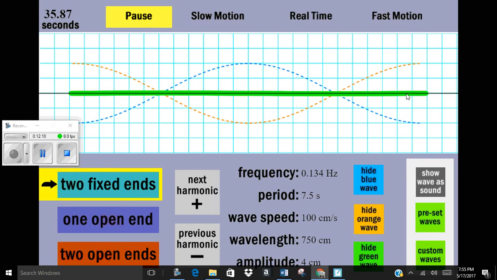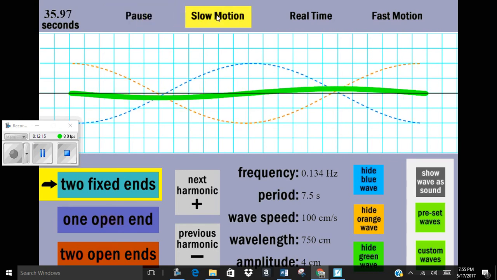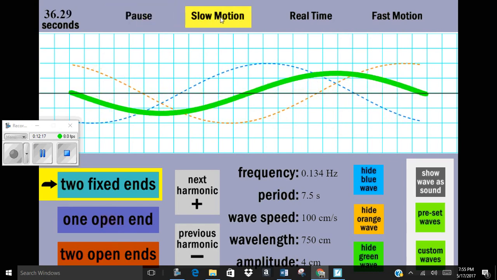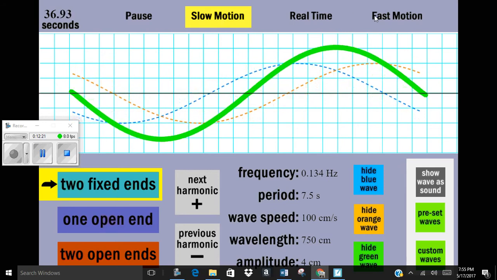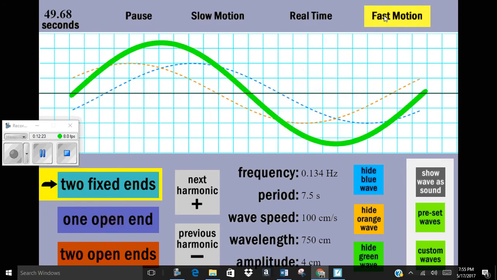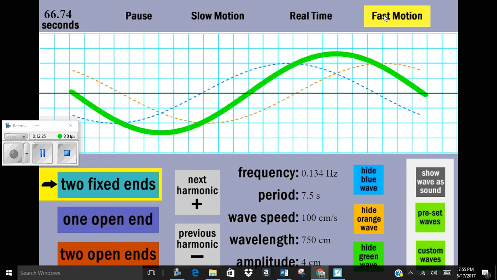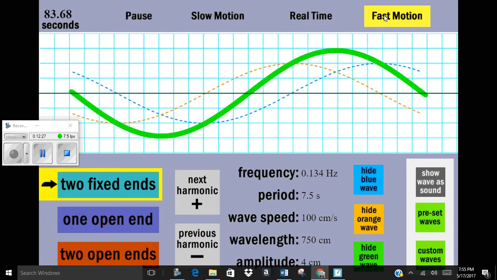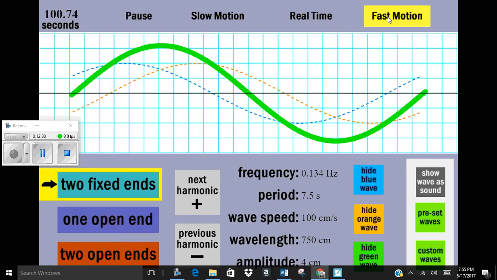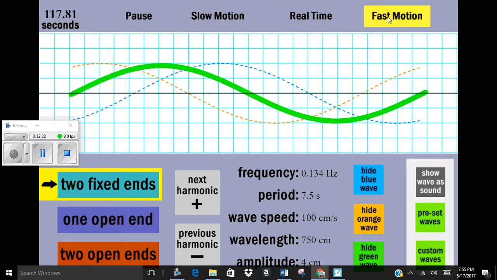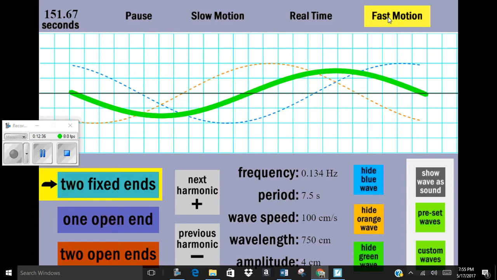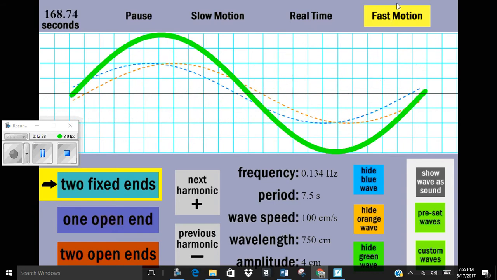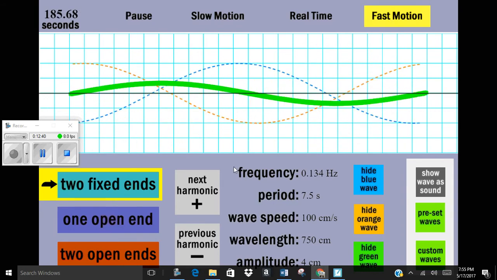And that has happened here and here as well. And then when I turn this back on, I'll get a point of constructive interference again. And so when I go to fast motion, the green line will look like it's staying in one spot, even though the orange and blue waves are superpositioning each other to cause constructive and destructive interference. That is how a standing wave works.